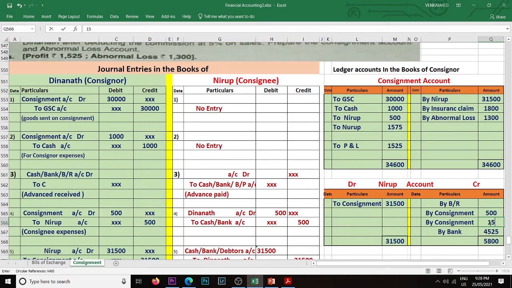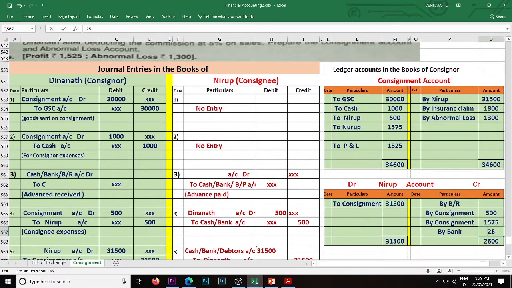And commission 1575. 31,500. 100. 900. 2075. 500 is needed. 2,600. 425.